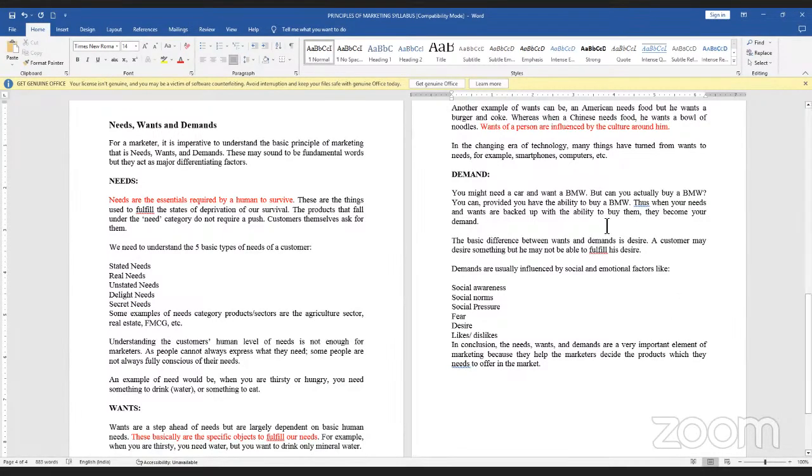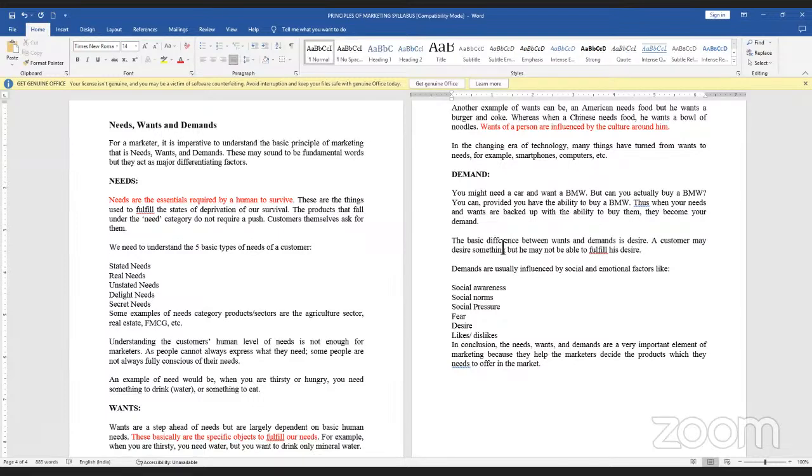So demand is the one which brings ability to buy or ability to purchase. So we can say a product has demand only when a customer has an ability to purchase it. A simple desire or want will not bring demand for the product.